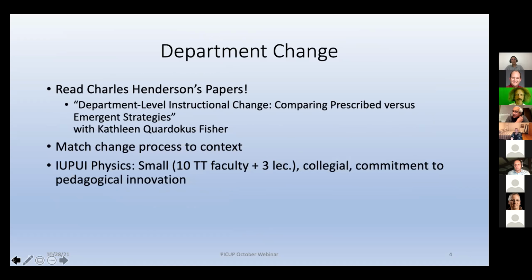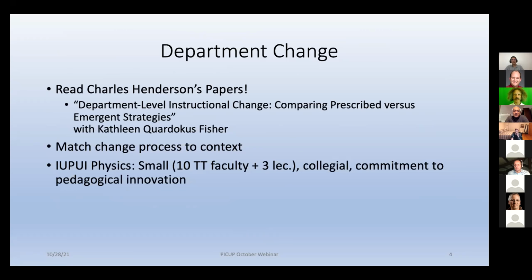A couple of things we had going for us was that the faculty members are collegial with each other. It's not that we don't disagree, but there's a culture of discussing things and trying to see the other person's point of view. So if somebody wants to introduce some new methods of teaching, people will hear that out.